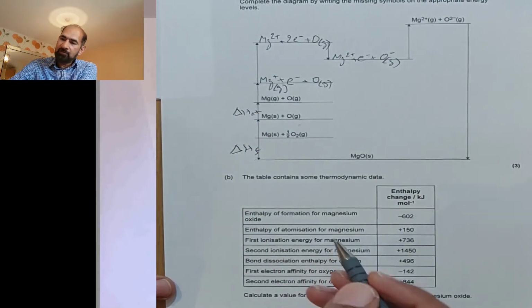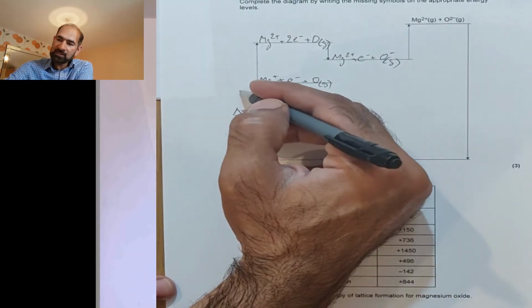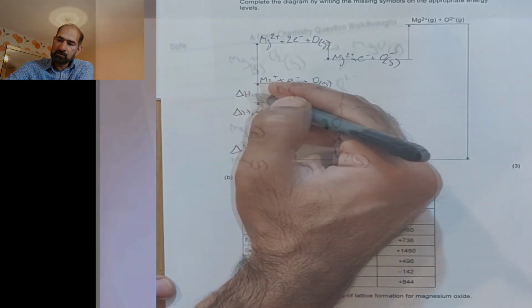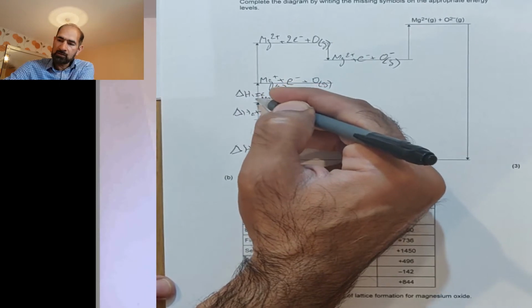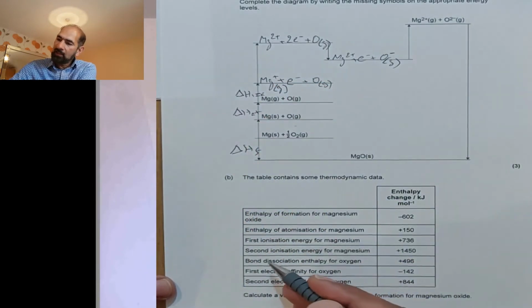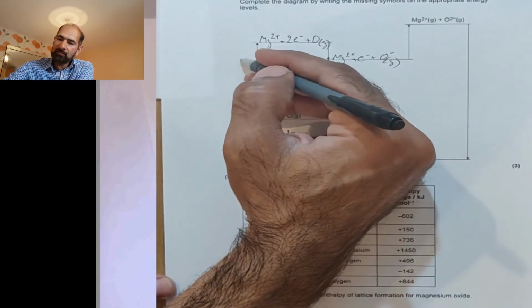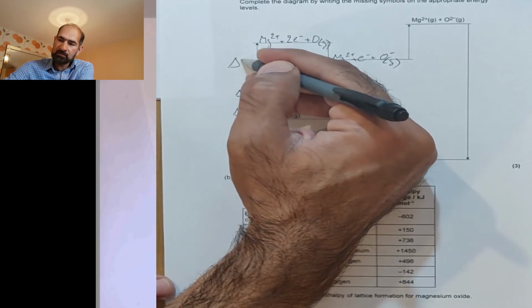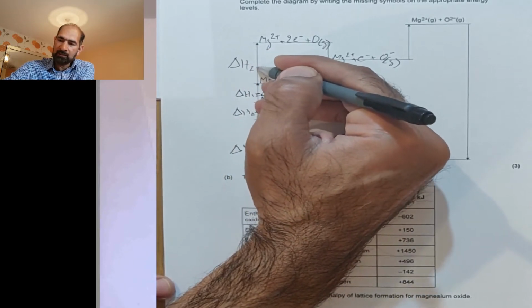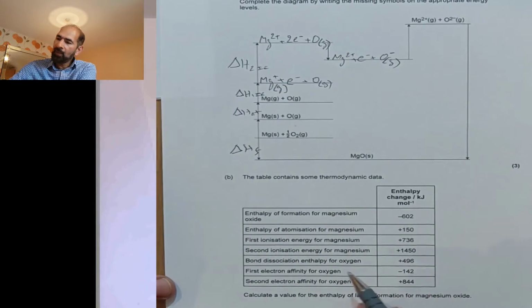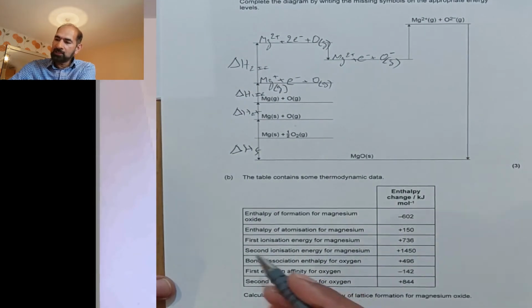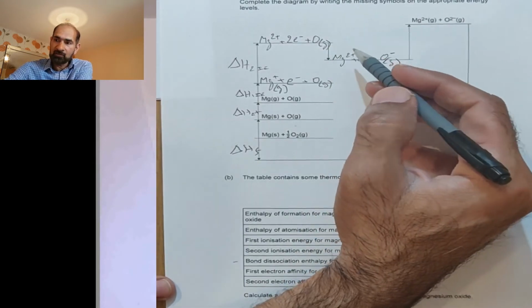First ionization energy for magnesium, so obviously that must be this. So that just says 1 IE. And second ionization for magnesium, and that must be this. And that's the second ionization energy. And then bond dissociation enthalpy, I'll come back to that in a second. First electron affinity for oxygen.